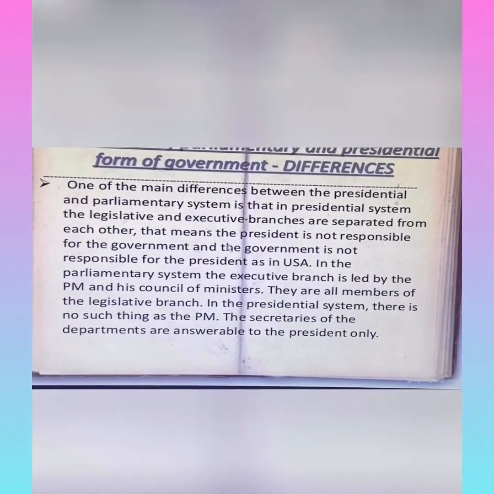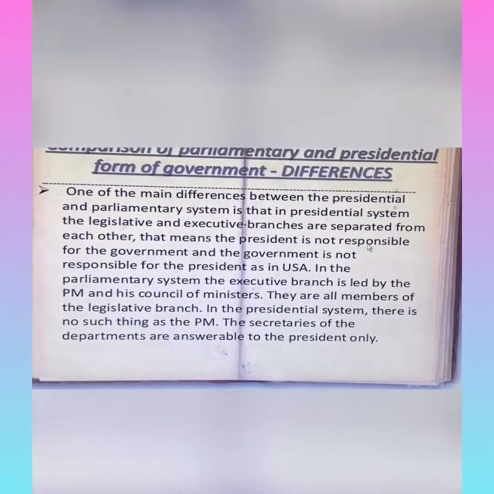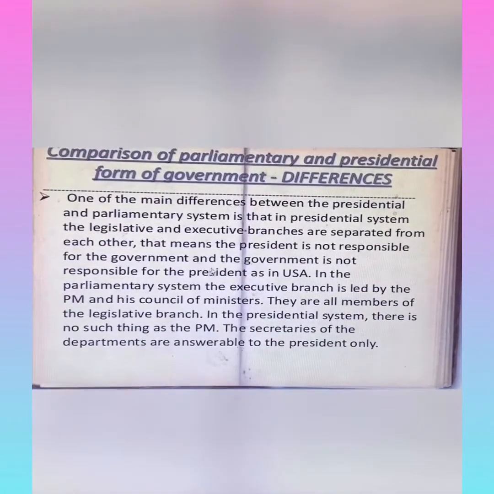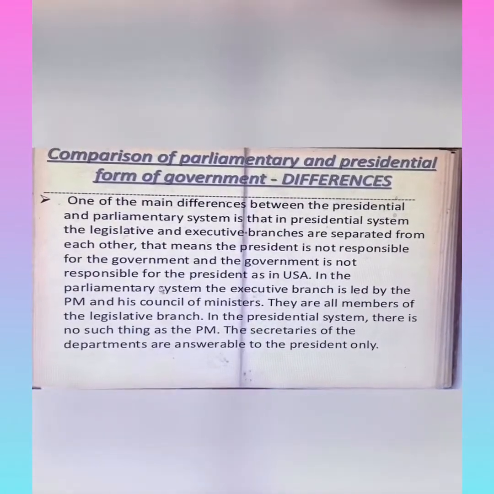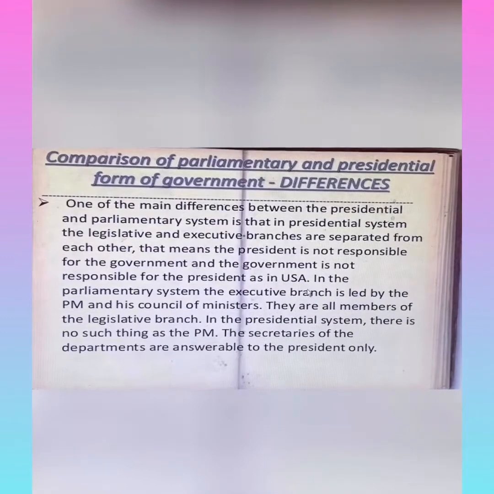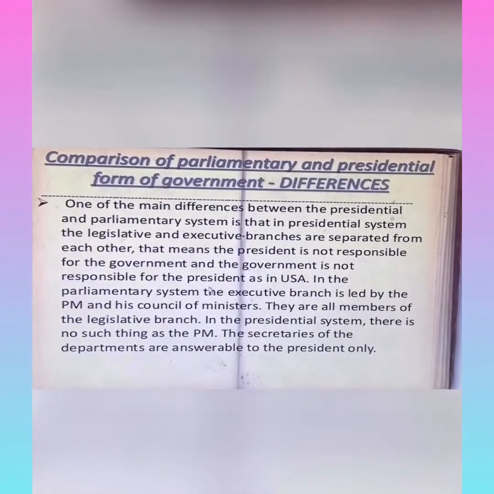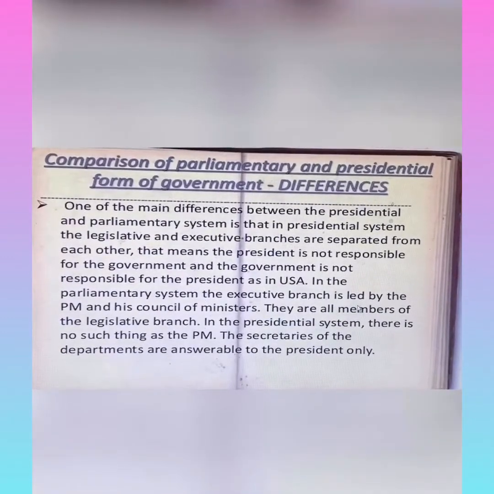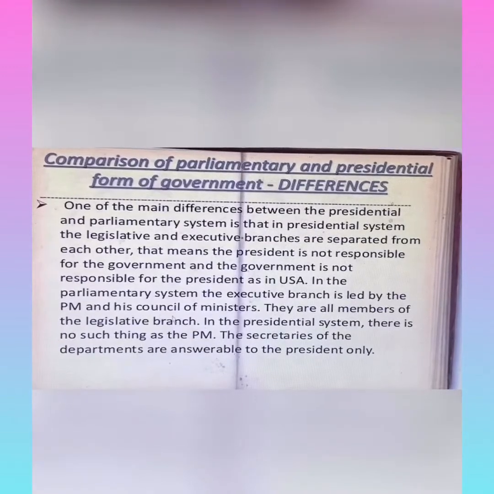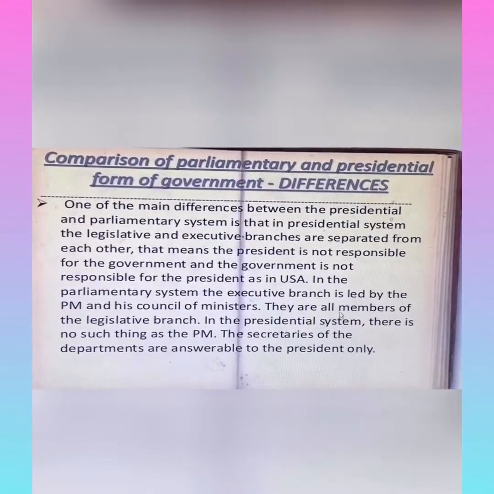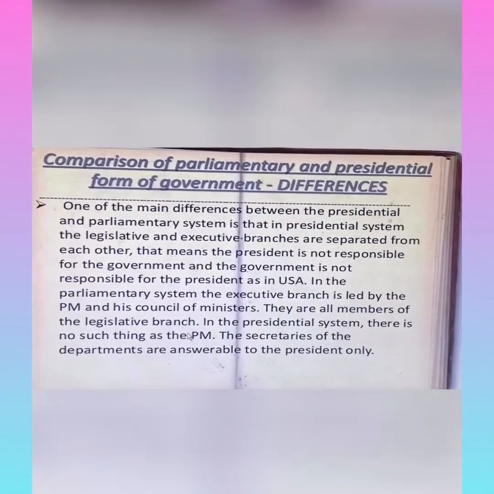That means the president is not responsible for the government and the government is not responsible for the president as in US. In the parliamentary system, the executive branch is led by the PM and his council of ministers. They are all members of the legislative branch.